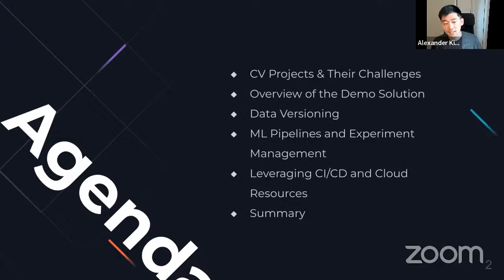The data sets that those projects typically require are pretty big. So there's a lot of complexity in machine learning projects in general, but in projects that involve deep learning or computer vision specifically, there's a lot more of those.